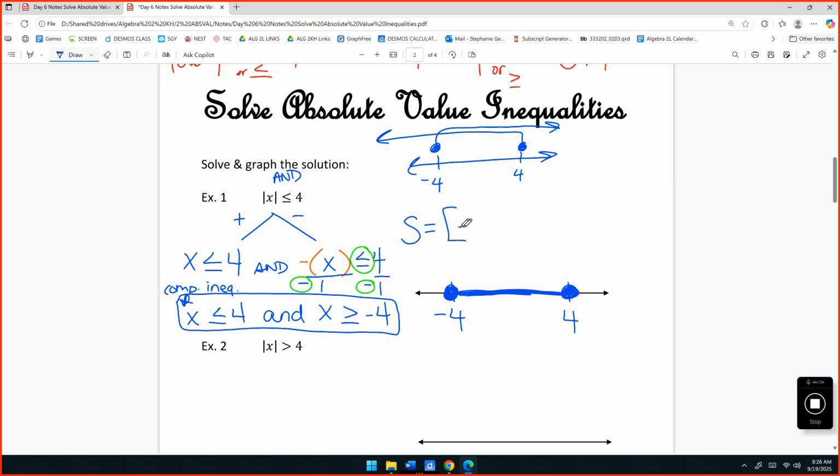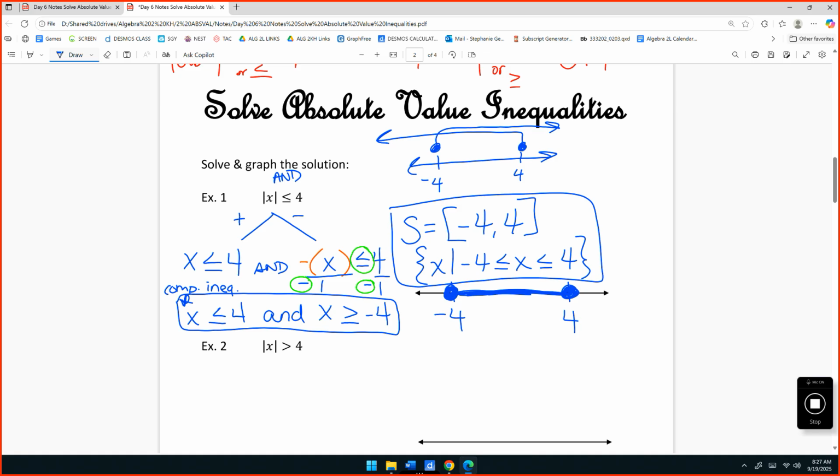So bracket -4 to 4, bracket, because they're two closed circles. Or in set builder, it would be the set of all x such that -4 is less than or equal to x is less than or equal to 4. Okay?